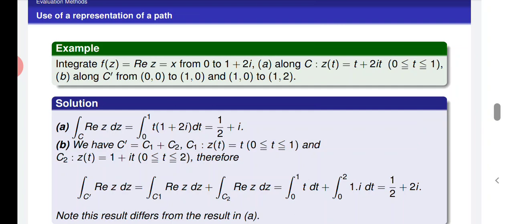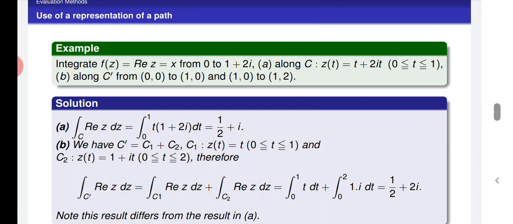C dash means C1 plus C2. So we define here C1 as z of t is equal to t with the range t from 0 to 1, and C2 such that z of t is equal to 1 plus iota t with the range of t from 0 to 2.